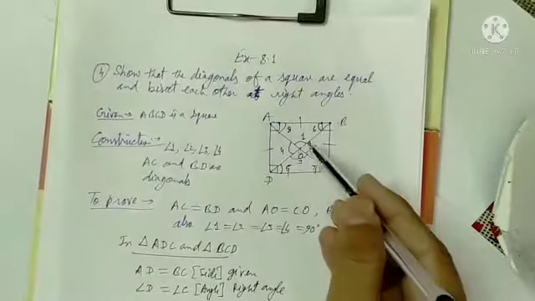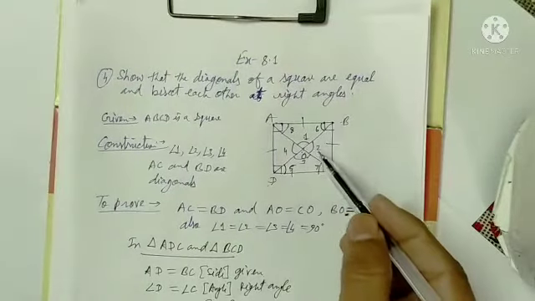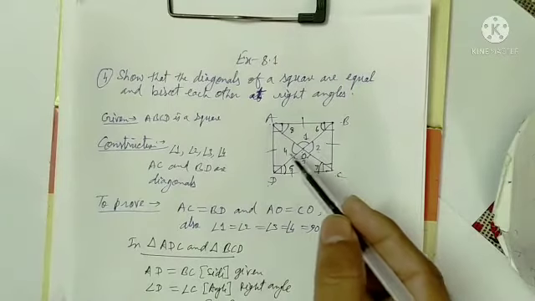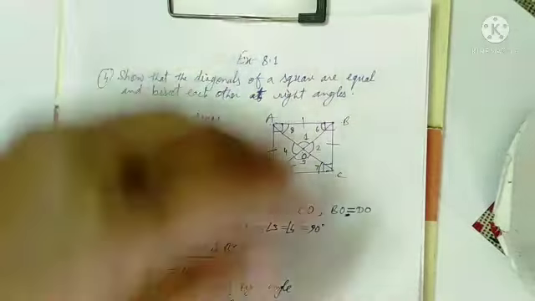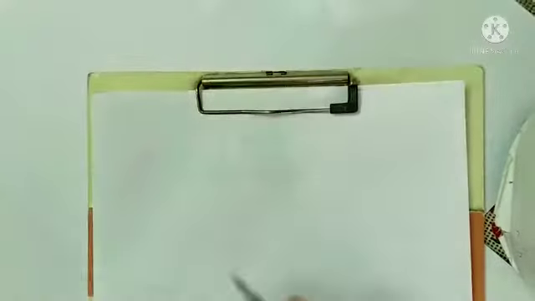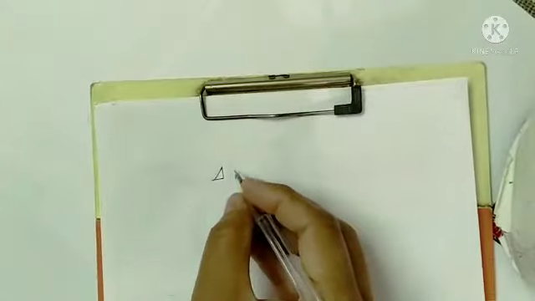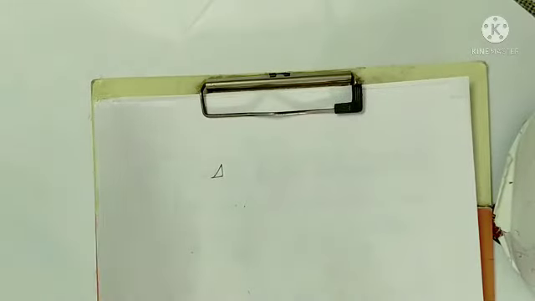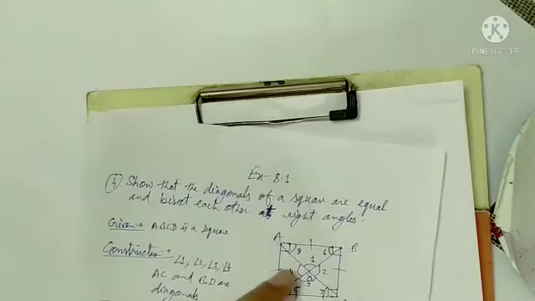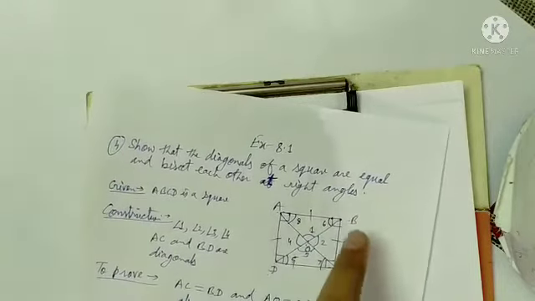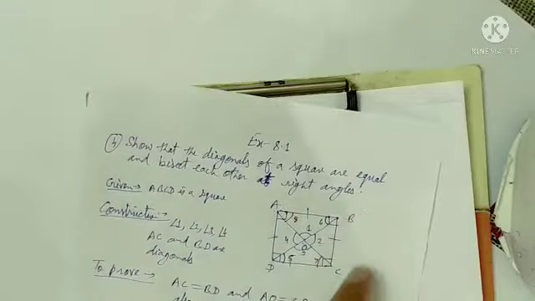Okay. After that, you have to prove that angles 1 and 2 are 90 degrees, and angles 4 and 3 as well. That is also very easy. See how we will do this. Let me take triangle ABO and triangle CBO.